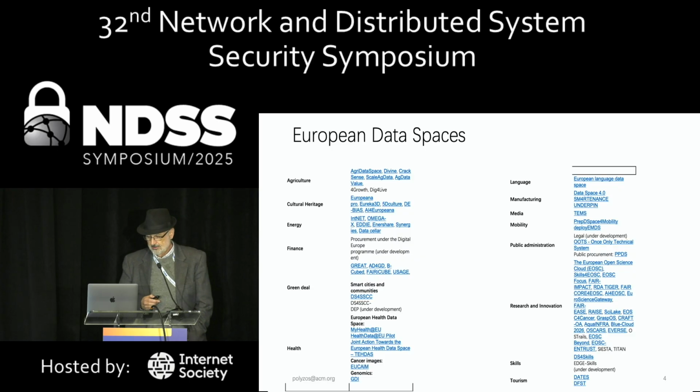So here, a list of data spaces I could get these days, the names. The interesting thing is they are across domains, all over the place. I really don't know exactly how active they are, exactly what's going on, but my understanding is that it's beyond research and development, and it's at least at the beginning of real operation.